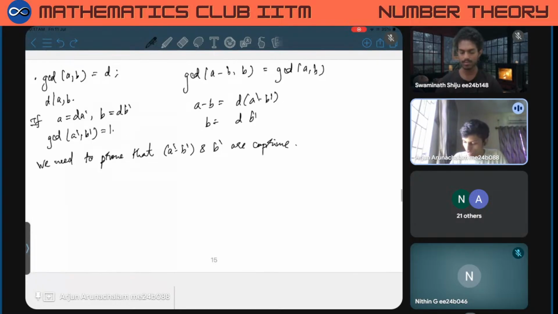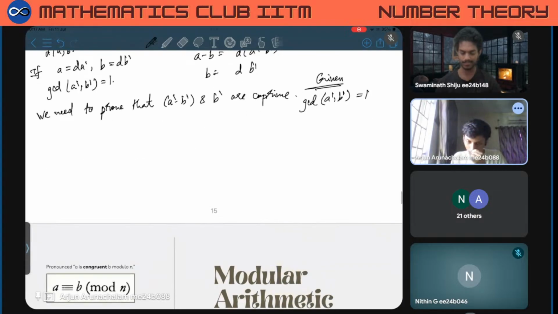Yeah, and given GCD of a dash comma b dash is equal to 1. So we'll again go by proof by contradiction. Assume the GCD of a dash minus b dash and b dash is actually greater than 1.